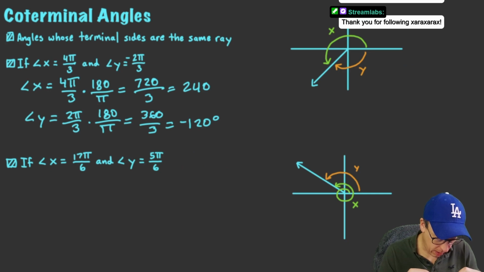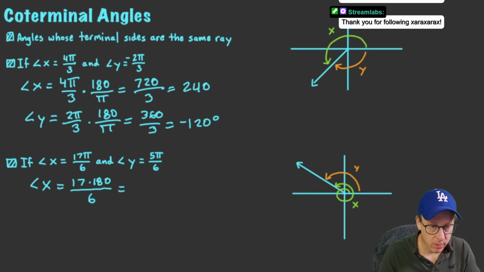And let's work through this other problem here that is a little bit more complicated, where this angle is way larger. What we want to do is have x be equal to 17 times 180 divided by 6.